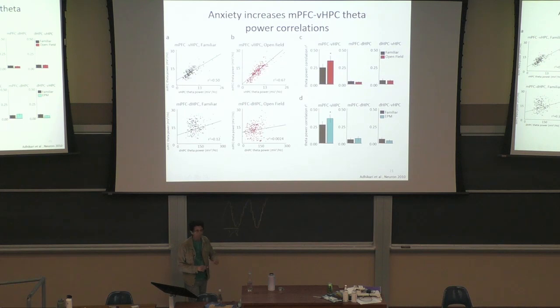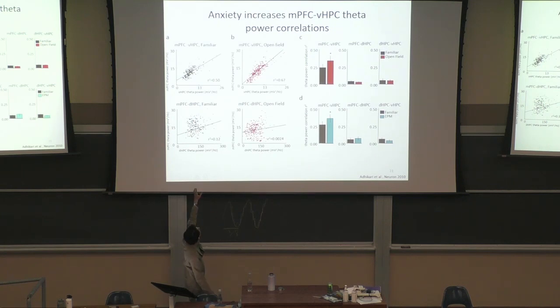If you record the signals from the ventral hippocampus and prefrontal cortex in a familiar, safe environment, shown in black, the signals are already pretty well correlated, suggesting that those regions are already talking to each other. But if you put them in the open field, the correlation increases, like those regions are now talking to each other more intensely, transmitting more information.